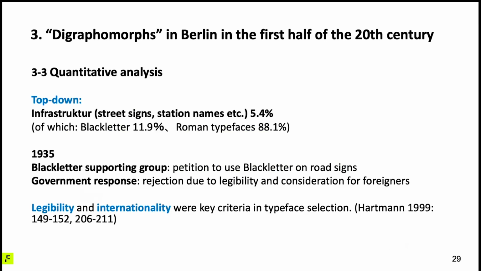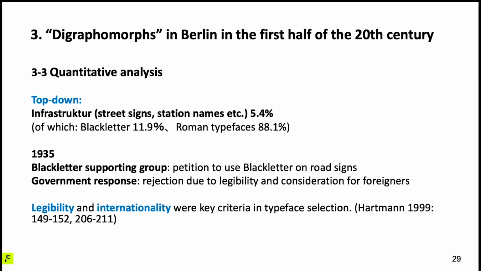Next is top-down signage. This mainly refers to infrastructure-related signage, and it makes up only about 5.4% of the dataset. Of this, Blackletter accounted for 11.9%, and Roman typefaces accounted for 88.1%.